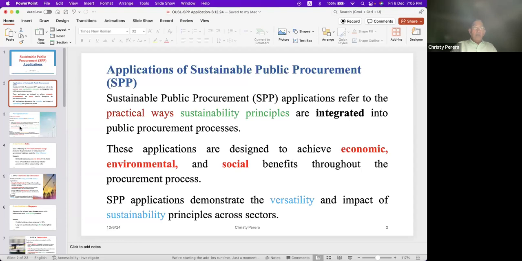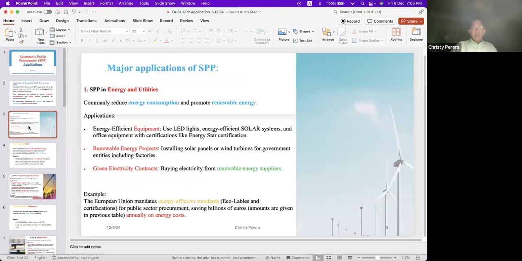Now we will see the first sector. What are the major applications of SPP? I say major because there are so many applications in so many areas. We can't study all these things within two hours.